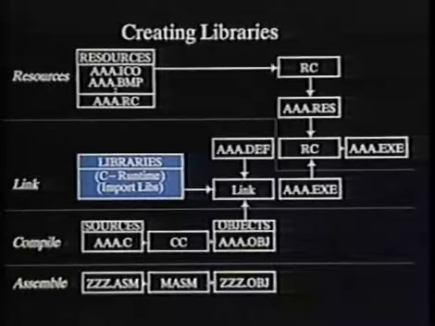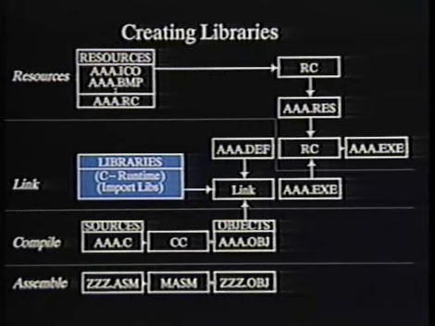All right. So at this point, then, let's look at creating libraries. All right. So libraries, we have C runtime libraries. We have libraries that we can purchase from the outside.